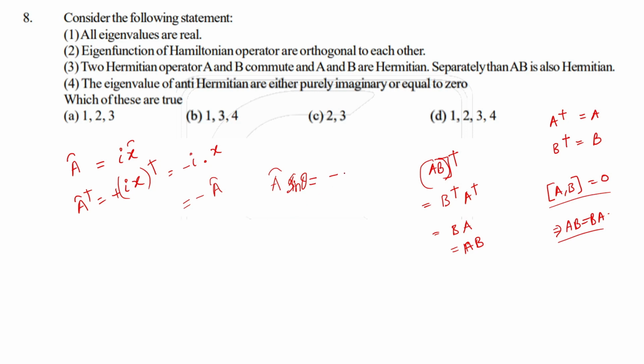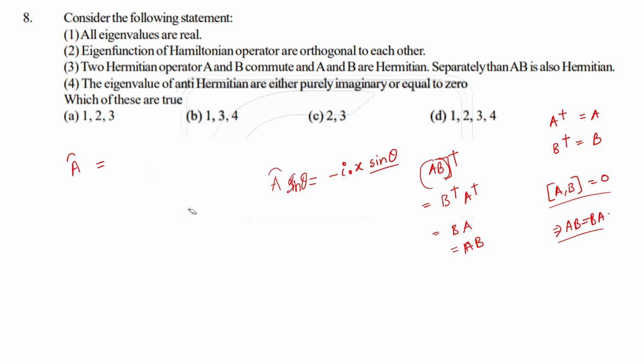So you are going to get minus ix sine theta. Actually, this is not a good example. What should I do? Let me delete all the things. Okay, sorry. I'll choose another operator.